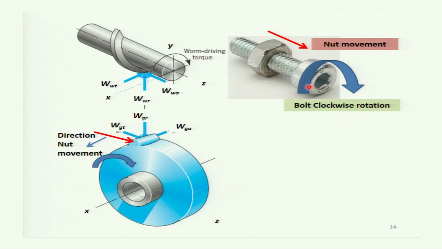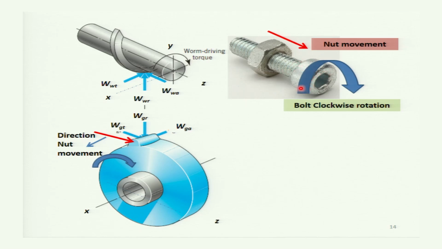Now, if a right hand thread is there in the bolt and in the worm, and we give clockwise motion to the head of the bolt, then the nut advances towards the head of the bolt in the right hand configuration, and opposite in the left hand.